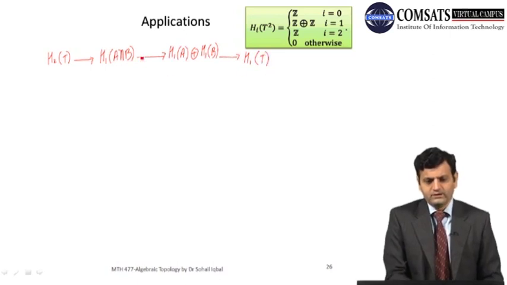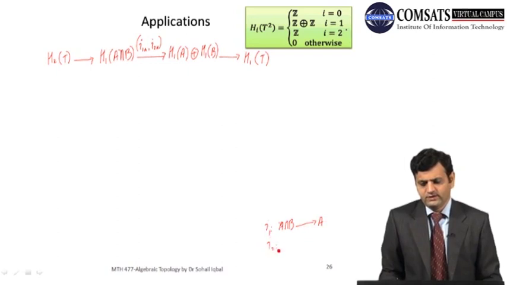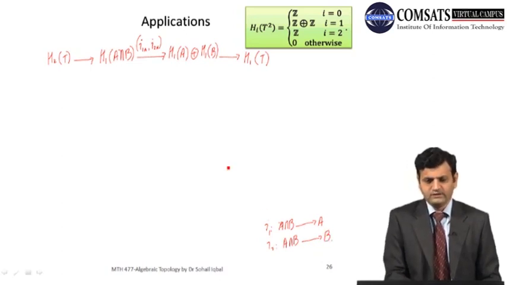Now this map is defined as i_1 lower star and i_2 lower star, where i_1 is the embedding of A intersection B into A, and i_2 is the embedding of A intersection B inside B. Using these two maps we can define i_1 lower star, i_2 lower star, and we have this map.